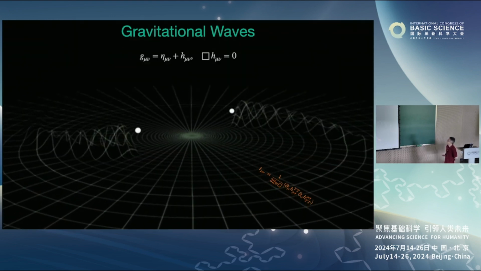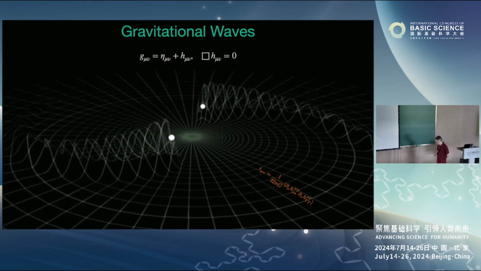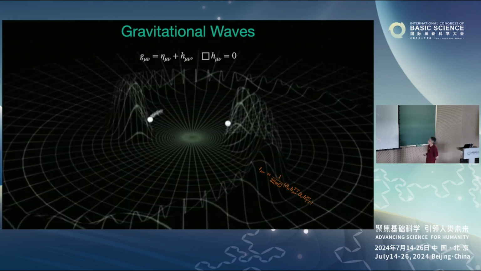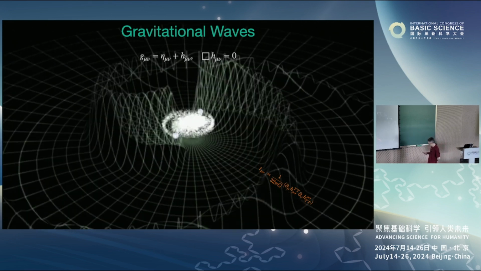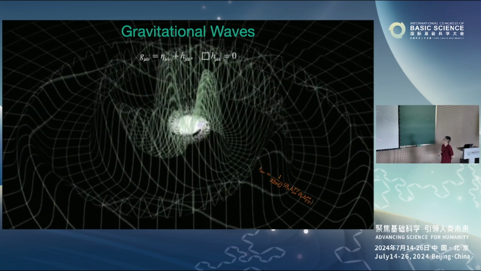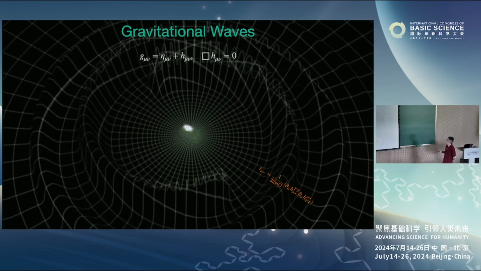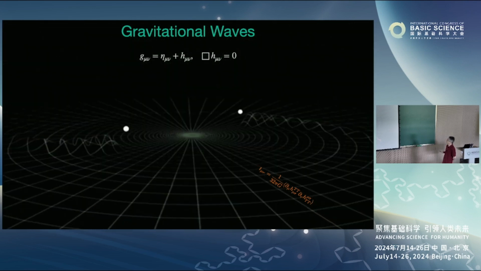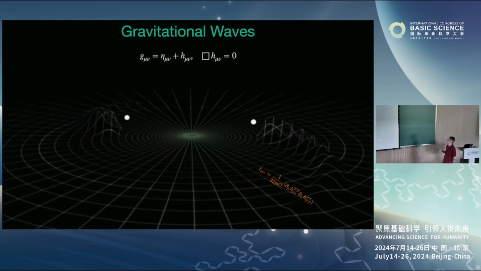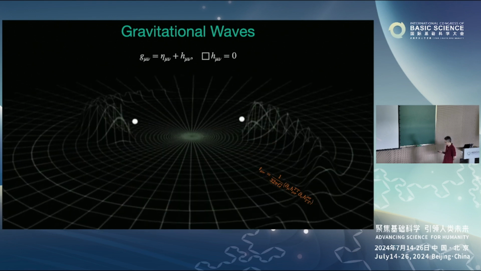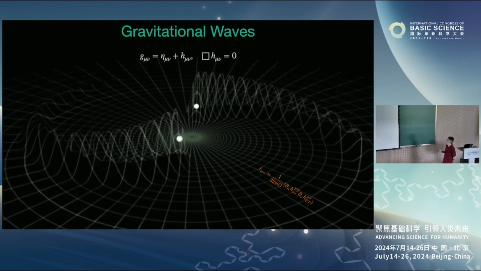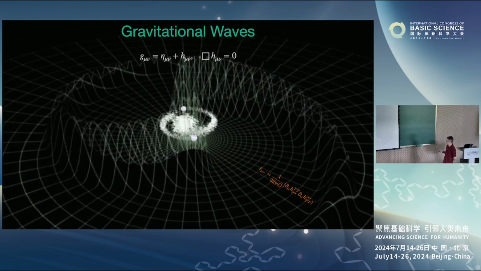Besides, there's another solution of general relativity called the gravitational wave. Once we do a small perturbation around the Minkowski background, we find this perturbation satisfies a wave equation. And this wave is real and can carry energy.